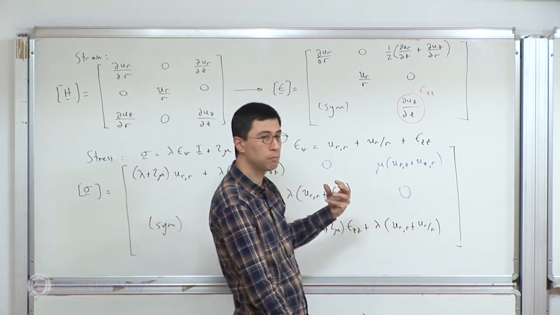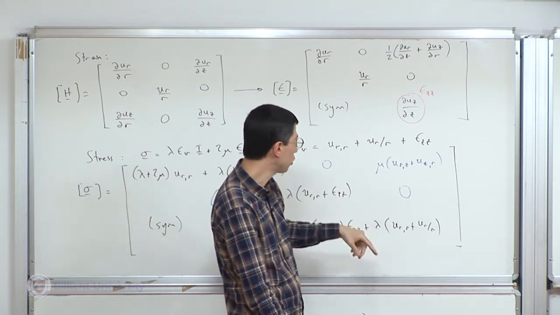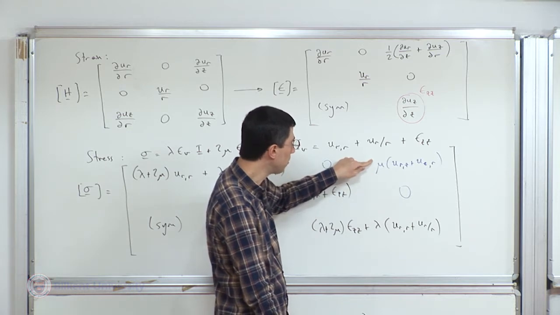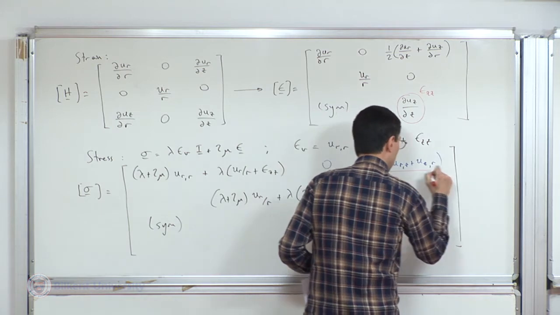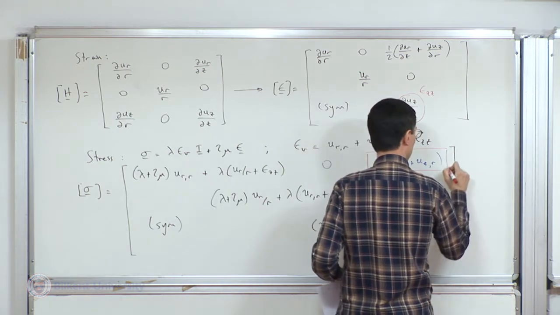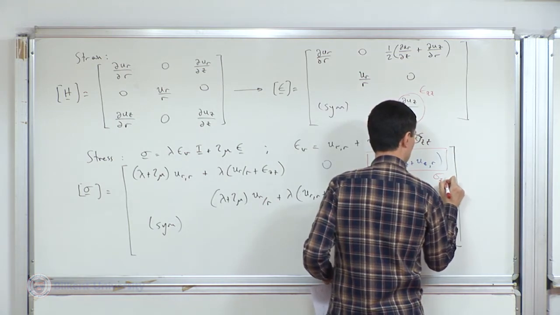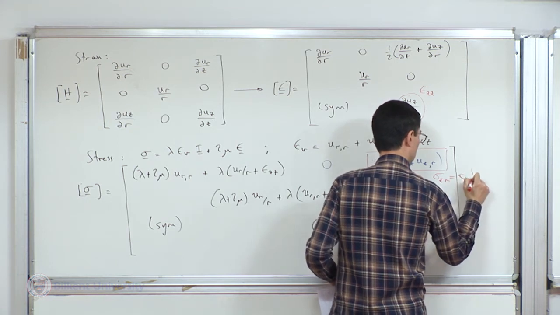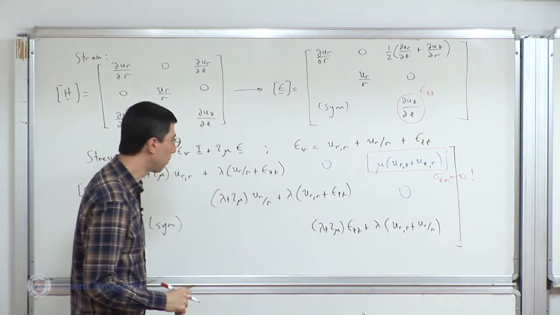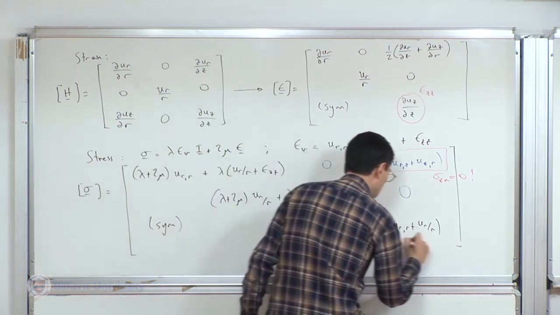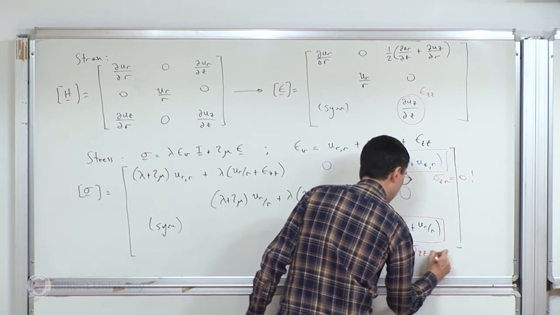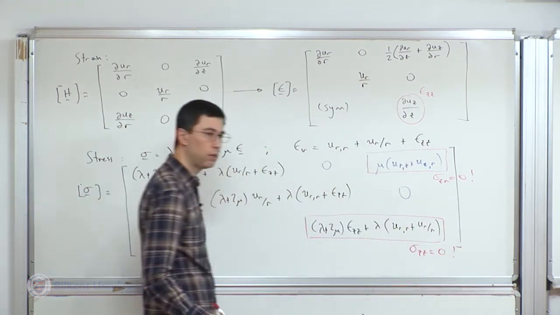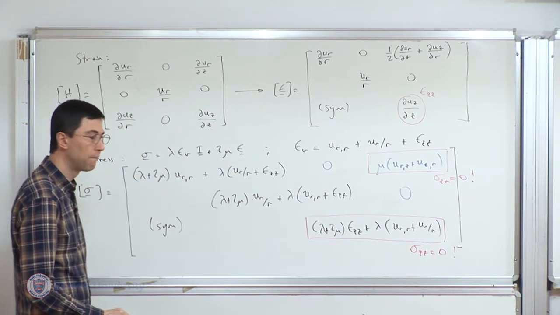So I did get some terms because of the functional dependence, but this is sigma zr or rz. And due to my plane stress assumption, it has to be equal to 0. And this one is sigma zz. Again, due to my plane stress assumption, it has to be 0.